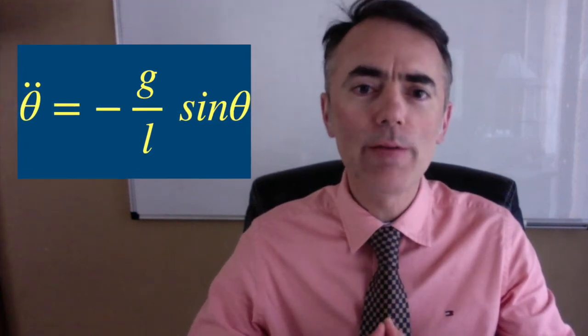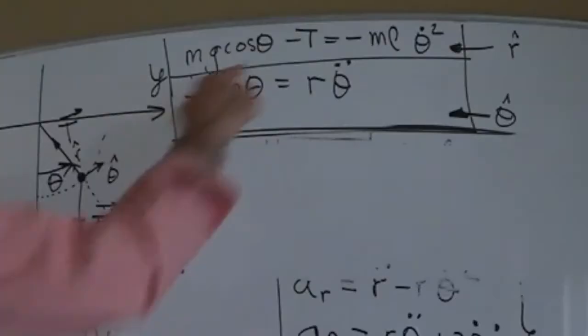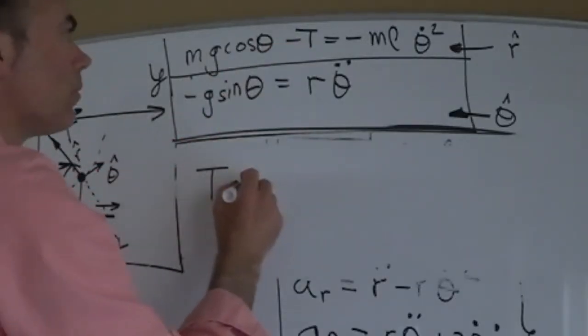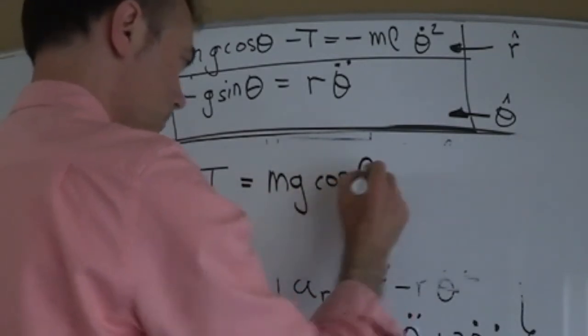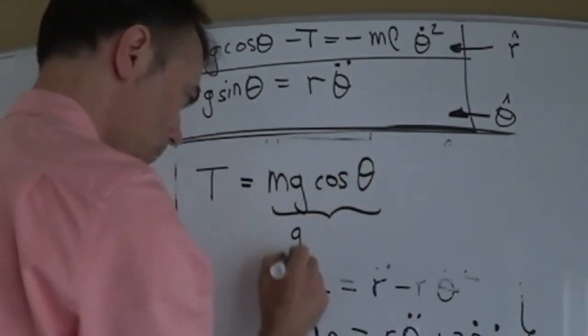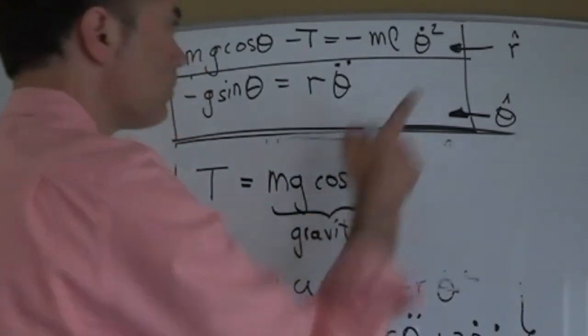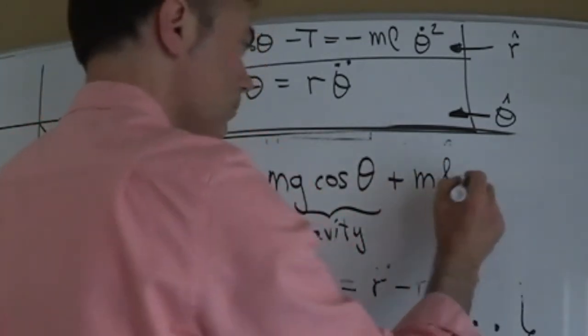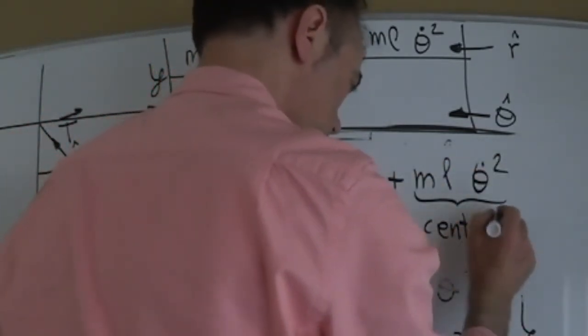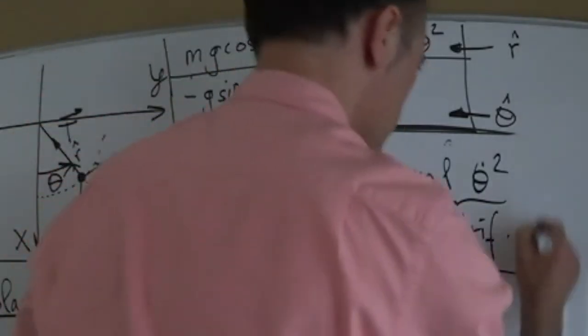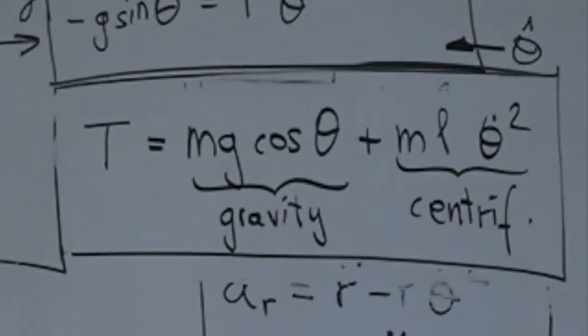This is going to give the back and forth motion. If we use the second equation, the one in the radial direction, we can get the expression for the tension, which it is easy to see has two ingredients, one from the projection of the weight and the other from the centrifugal force of the rotational motion.